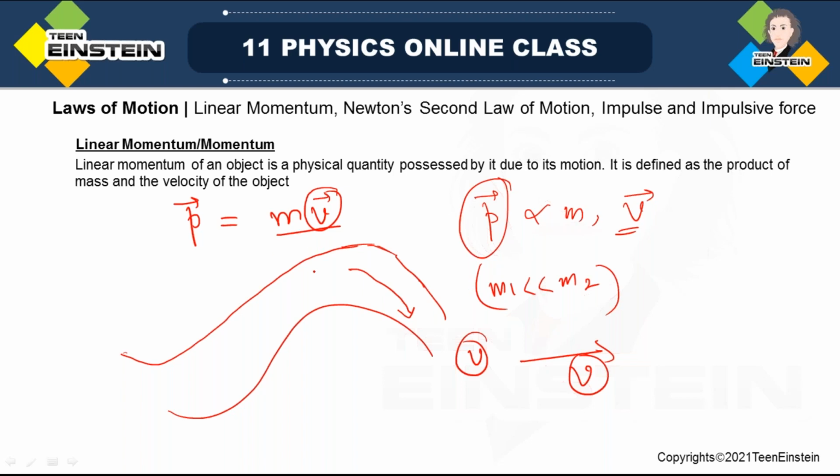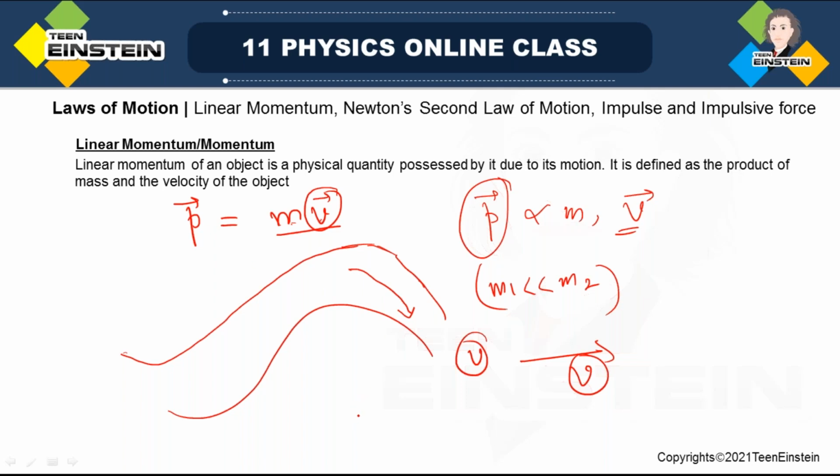So this is the measure of linear momentum, because of mass and velocity. Mass multiplied with velocity will give you the linear momentum.